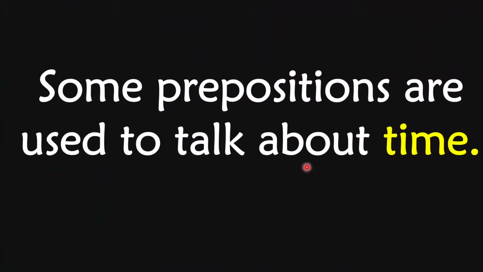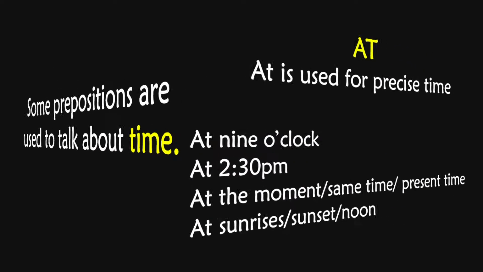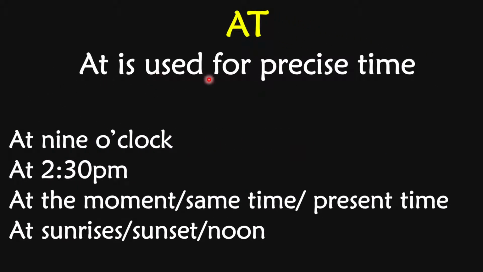Some prepositions are used to talk about time, students. Just like at. At is used for precise time. For example, at 9 o'clock. So to tell the time to anybody, if anyone asks you about the time, how do you reply?